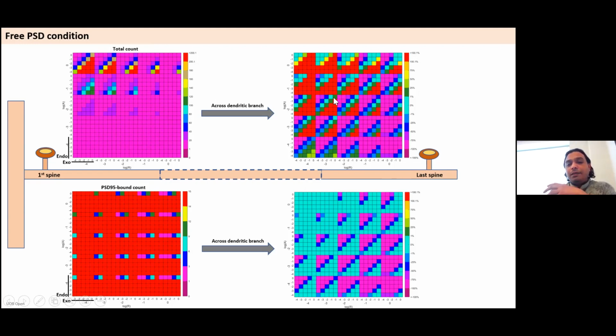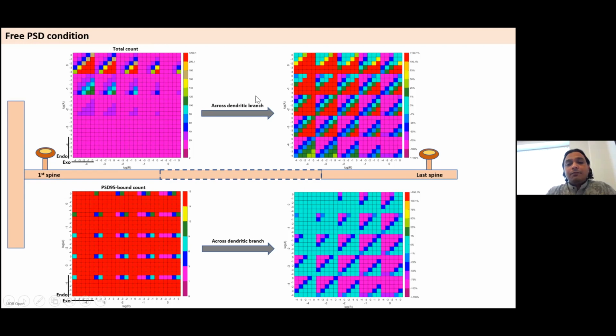If we had taken the absolute change, we could not have understood how fast the decrease or increase is happening, because that depends on the baseline value on the first spine. Taking the percentage change removes that effect and helps us understand how fast it is changing.